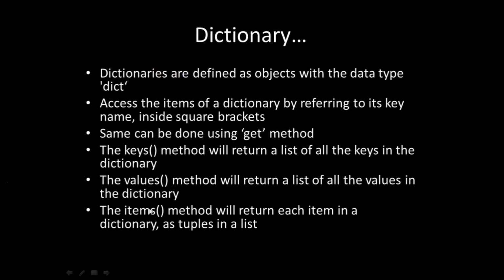The items method will return each item in a dictionary as tuples in a list. Now remember this, an item in a dictionary is nothing but a key value pair. So it is having the key as well as value. So when you call the items method, it returns the key as well as the value.